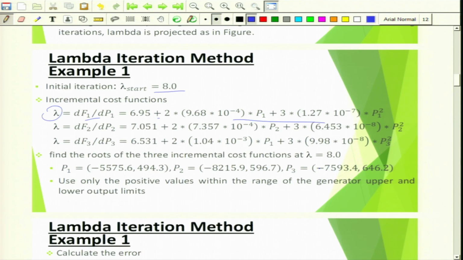Each quadratic equation will have 2 roots, one negative and another positive for each generation, but you should ignore the negative value, because if demand is positive, common sense indicates that generation cannot be negative, right. So you will have to pick up the positive value for each generation, then ensure that this lies within the range of their limits, P minimum to P maximum.